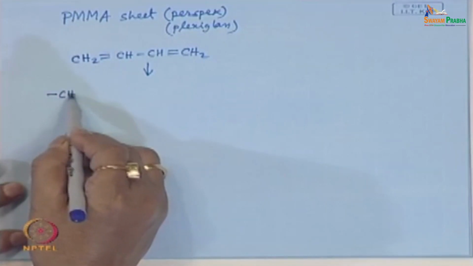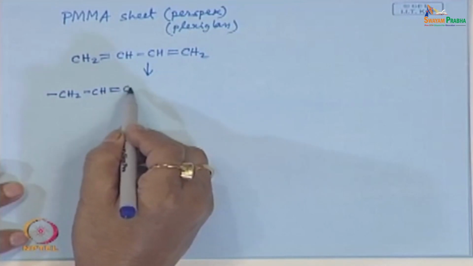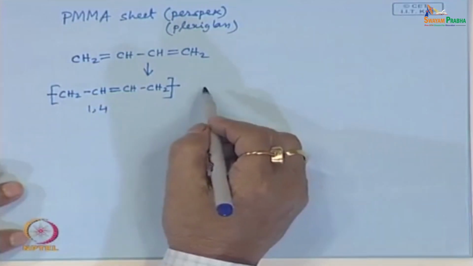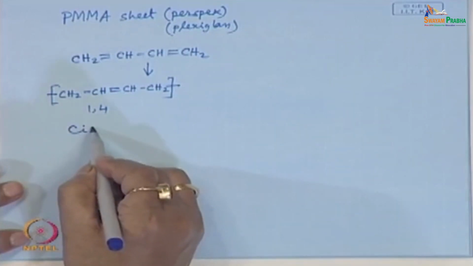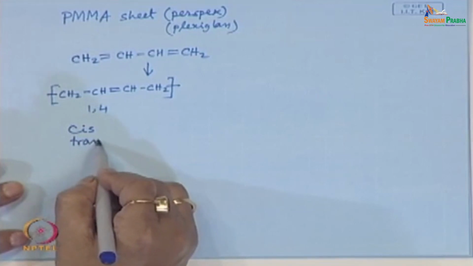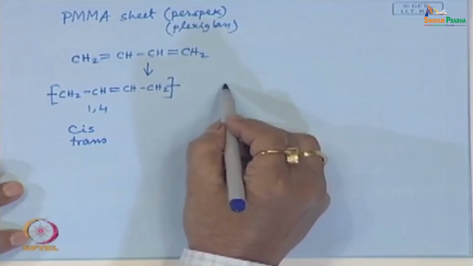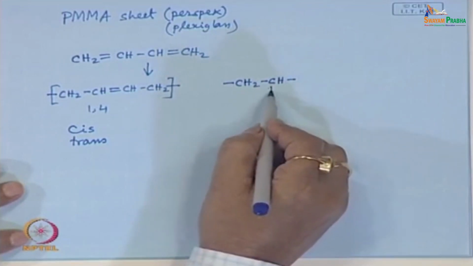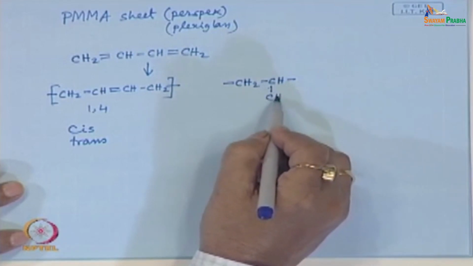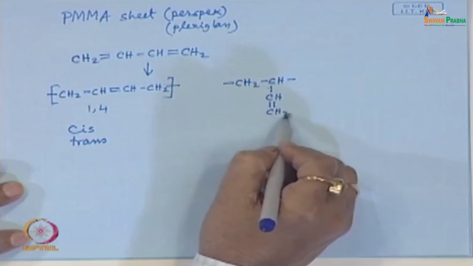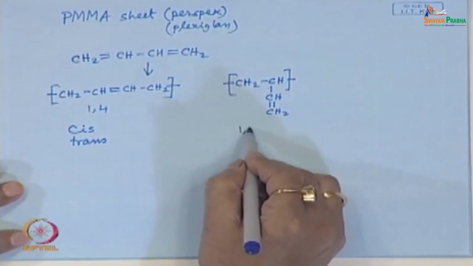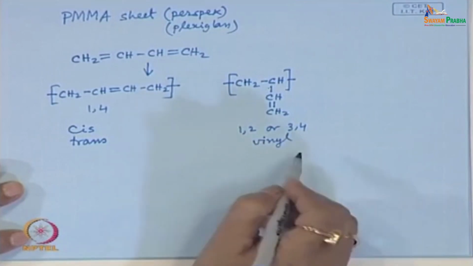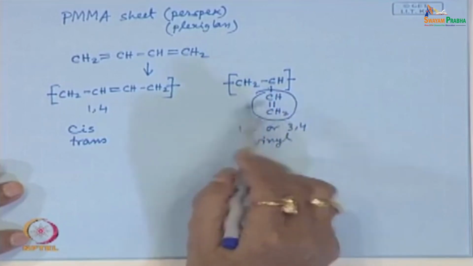You can get 1,4 linkage, you can get cis structure, cis 1,4, you can get trans 1,4, you can get 1,2 or 3,4 linkage or pendant vinyl substituent from the same monomer.